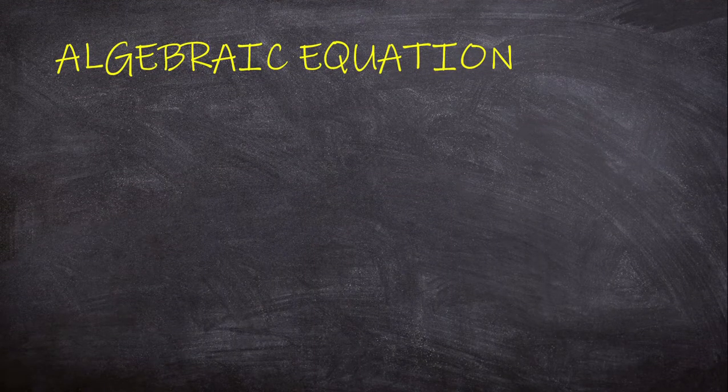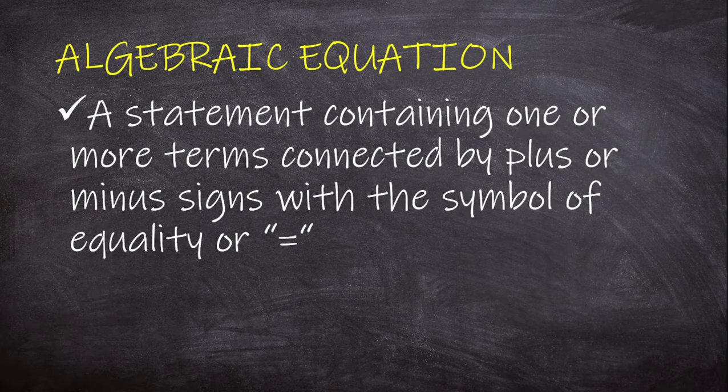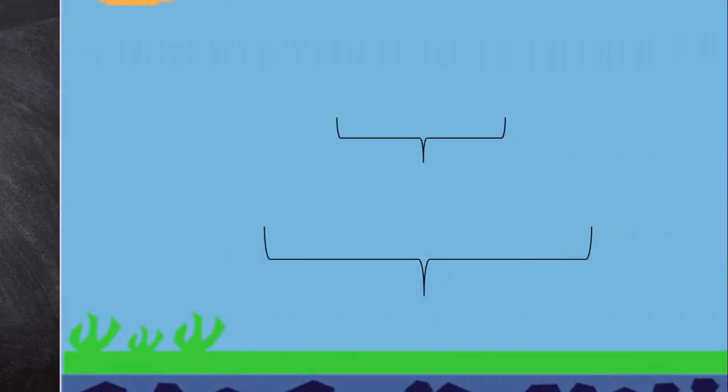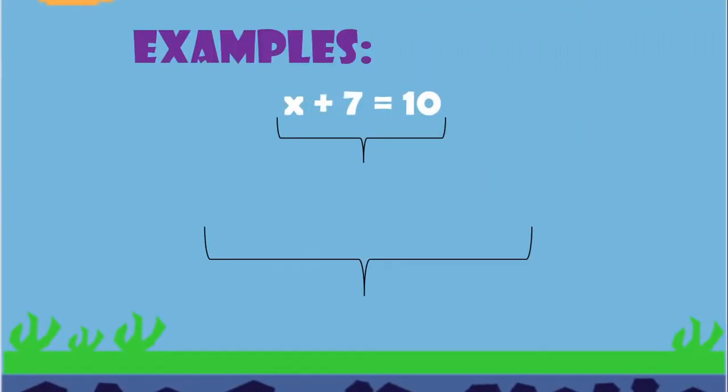Now let's define algebraic equation. By definition, it is a statement containing one or more terms connected by plus or minus signs with the symbol of equality or equals. So that is an algebraic equation, or simply equation. Example, x plus 7 is equal to 10.